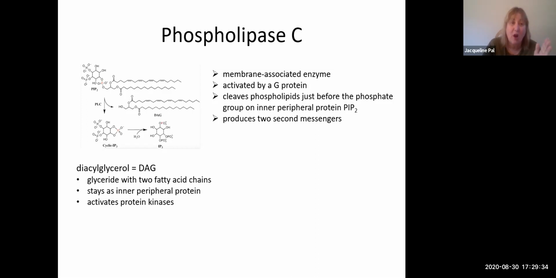So when the cut has been made in PIP2, this part stays attached to the inner membrane. And what DAG is going to do in order to become a second messenger is activate protein kinases. Okay. Only we're not really talking about DAG when we're talking about hormones. We are more interested in the other part.